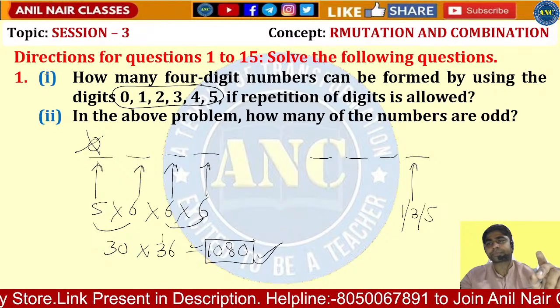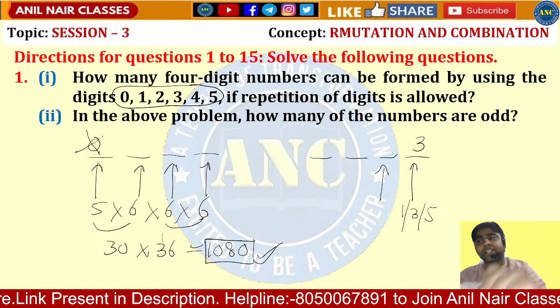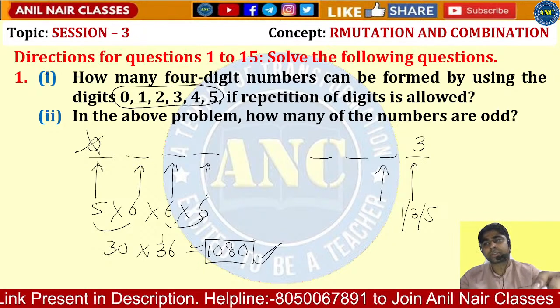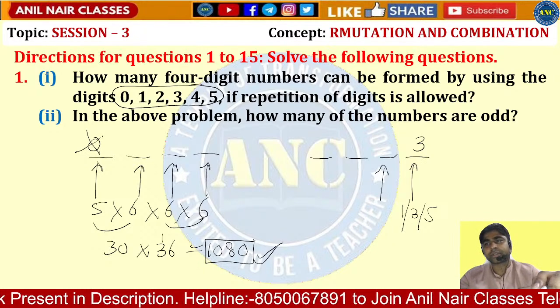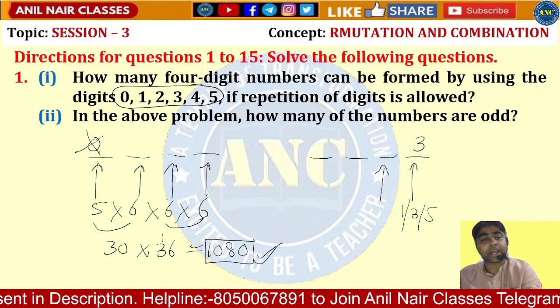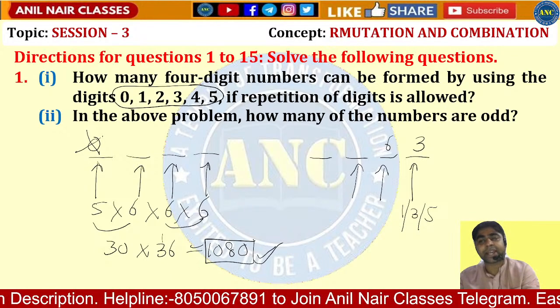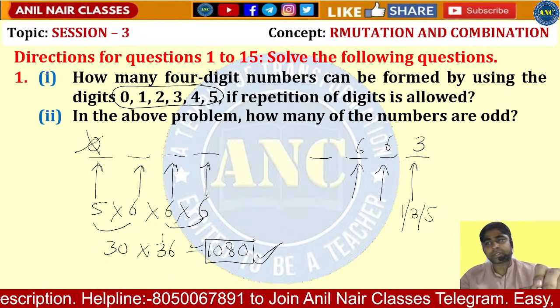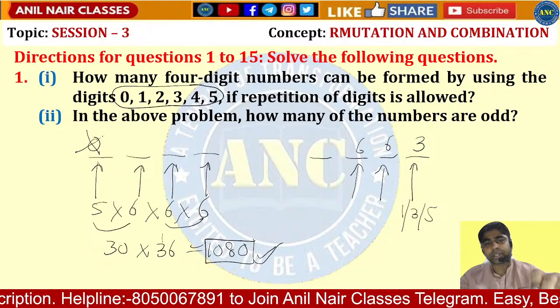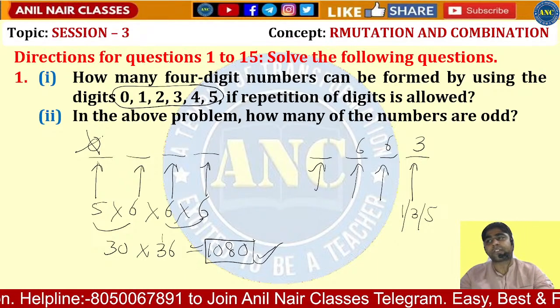Understanding my point? Similarly for this place, I can keep 3, right? In this place I can keep any of the 6. In this place also I can keep any of the 6. Okay, in this place I can keep any of the 5.